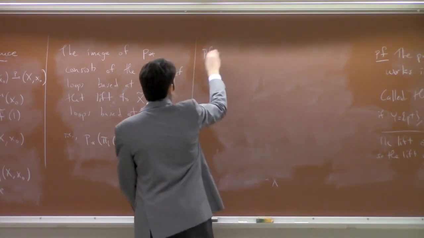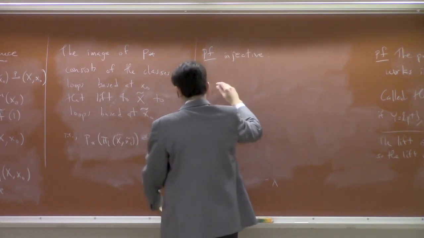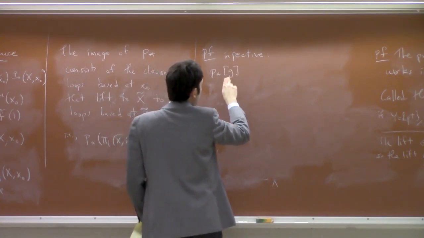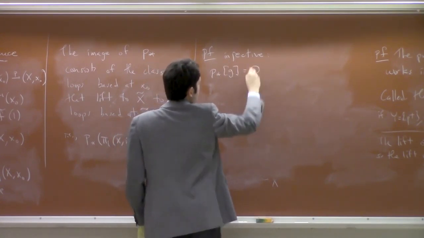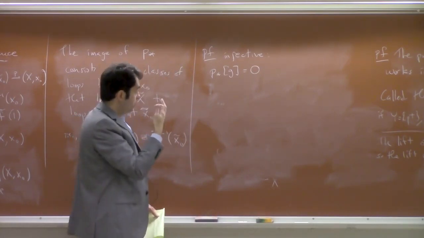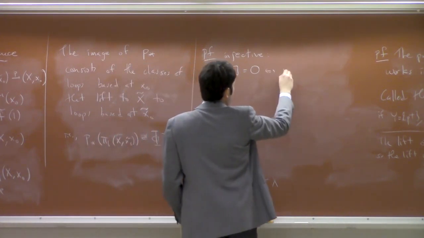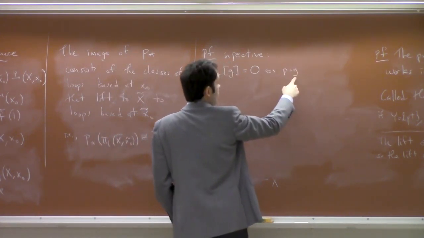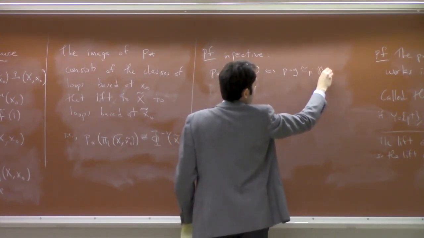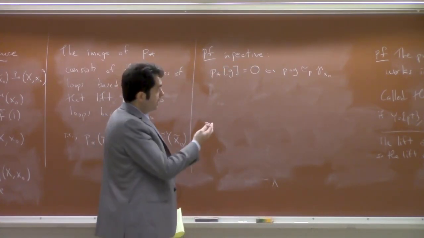Okay, so let's prove this. So the proof that it's injective is pretty easy. So if you have a loop upstairs, and when you project it down, you get 0 in the fundamental group, well, of course, that's the same as saying that if you pick any representative of this class downstairs, then that's path homotopic to the constant loop at x0, right?